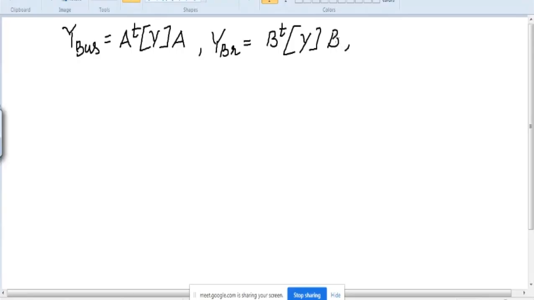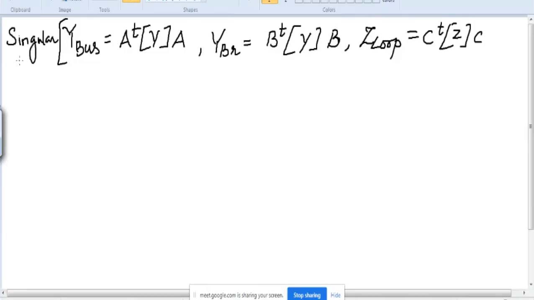And the third formula was Z loop is equal to C transpose ZC. These are the three sets of formulas to be calculated in the singular transformation. This is what we understand by the singular transformation technique.